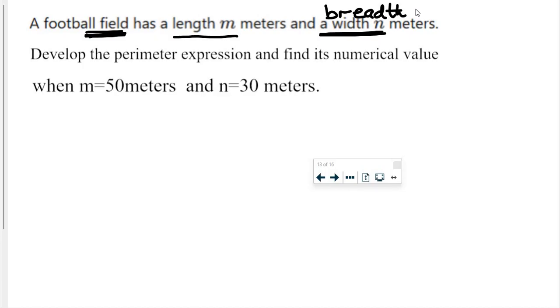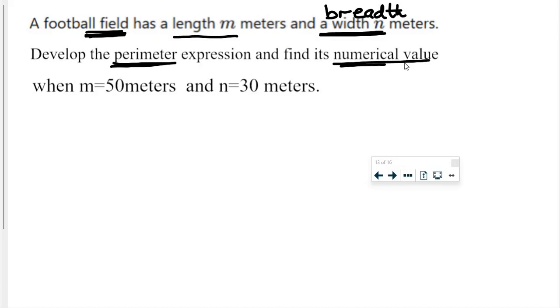So a football field has a length of m meters and a width of n meters. Now the question is, develop the perimeter expression and find its numerical value. There are 2 questions here.